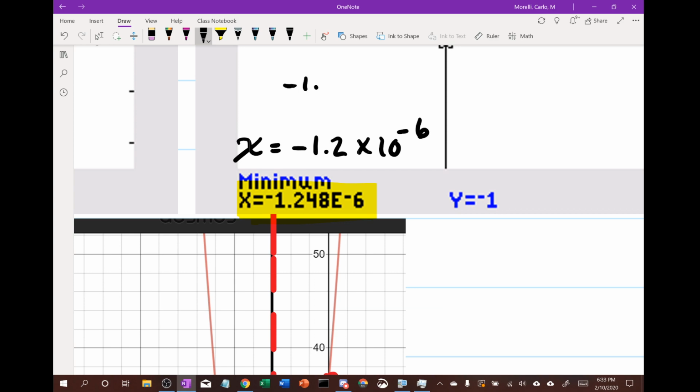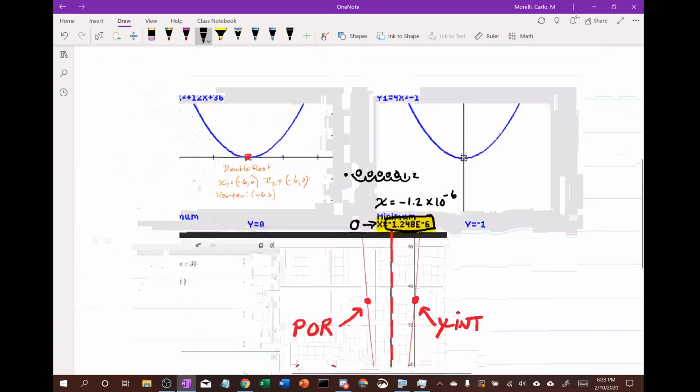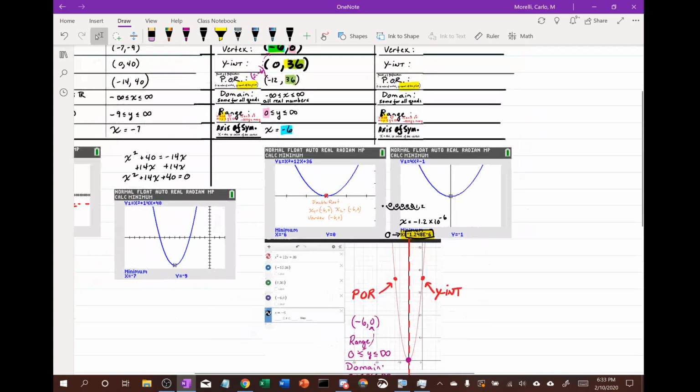You got negative 1.2, 1, 2, 3, 4, 5, 6. 1, 2, 3, 4, 5. It means it's 5 zeros. All right. It's 0. That's what this number means. E to the negative 6 is telling you that it's so close to 0 that I wish it just said 0. Desmos would definitely tell us the answer was 0.